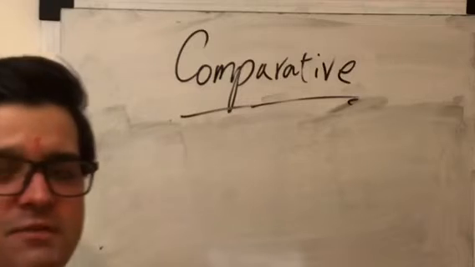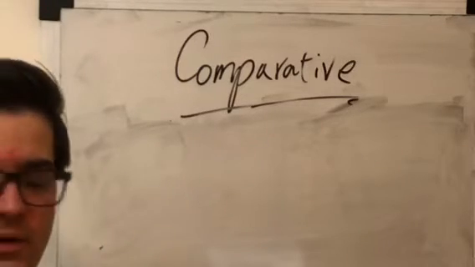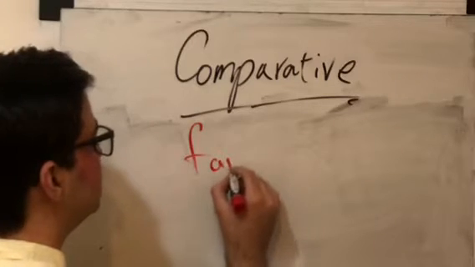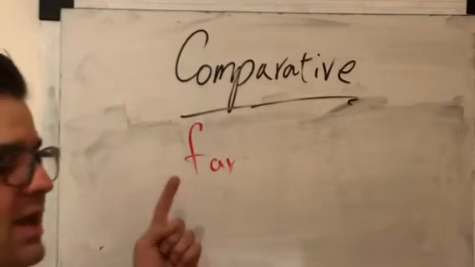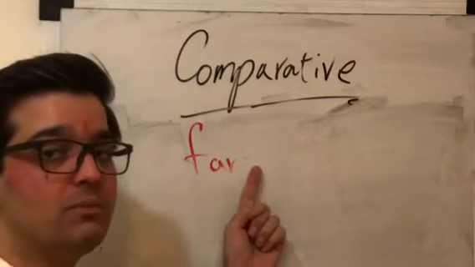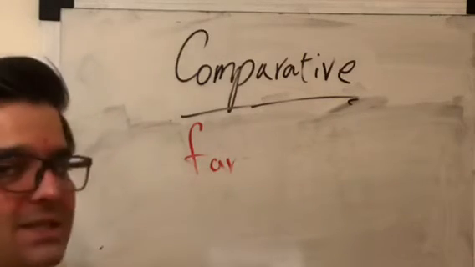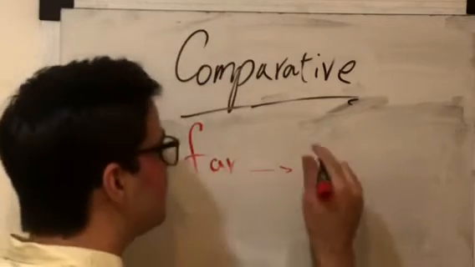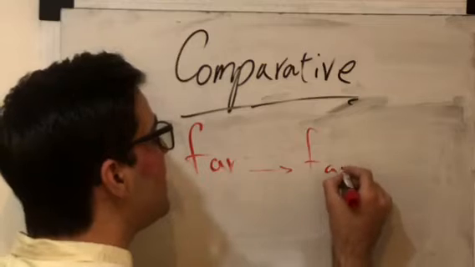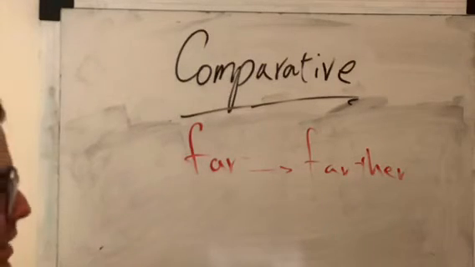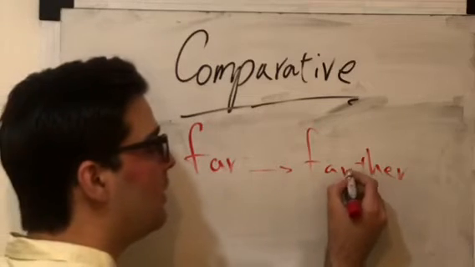Some adjectives are irregular, like far. It is an adjective and it has just one syllable. You can't add er to make a comparative adjective because it's irregular, it's not normal, so you can memorize that. When you want to make a comparative adjective, you say farther.